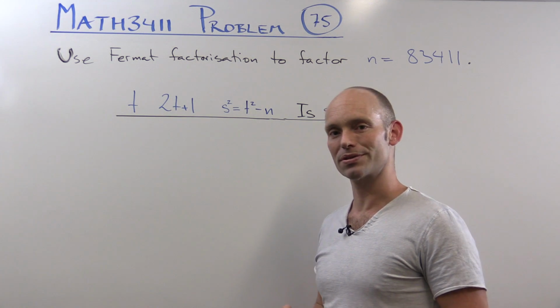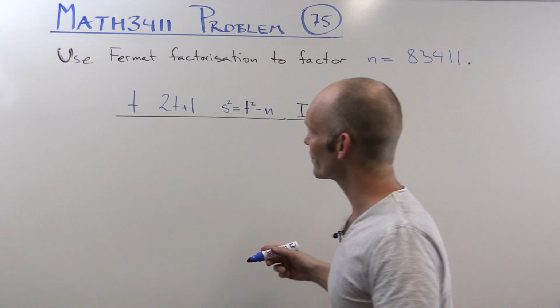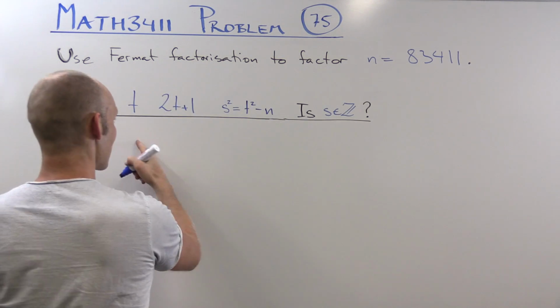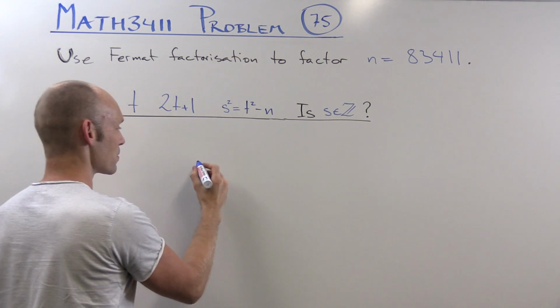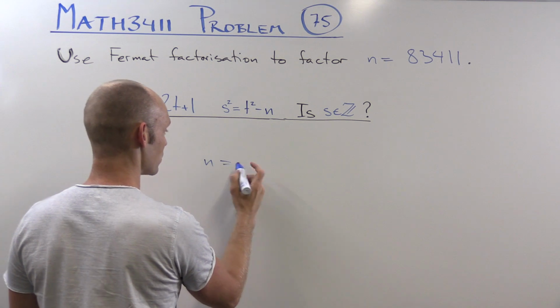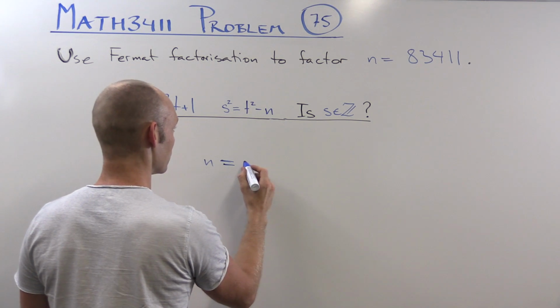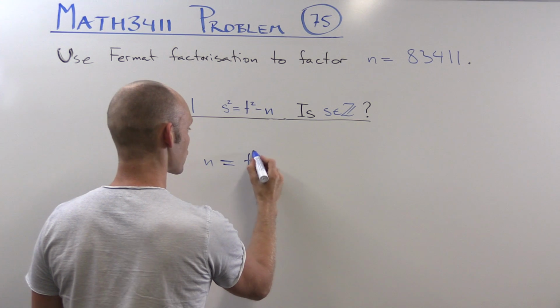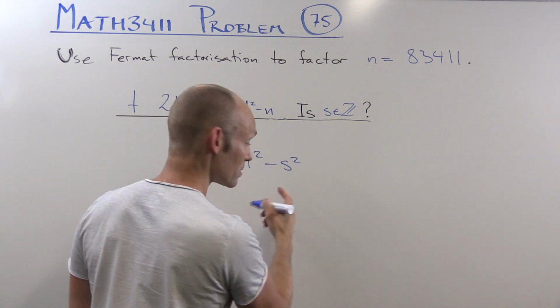So what we do in particular is we try to find some numbers s and t, so that n is equal to t squared minus s squared.